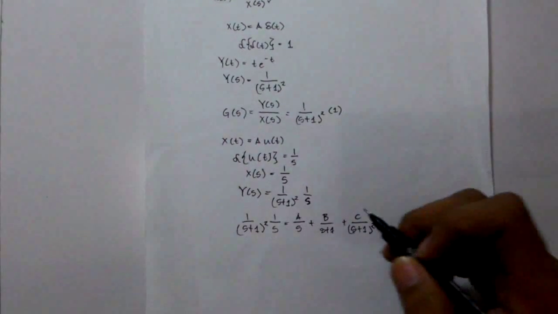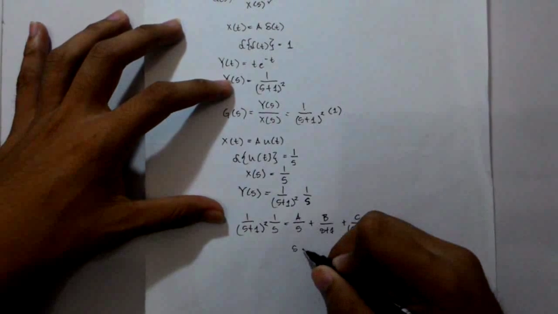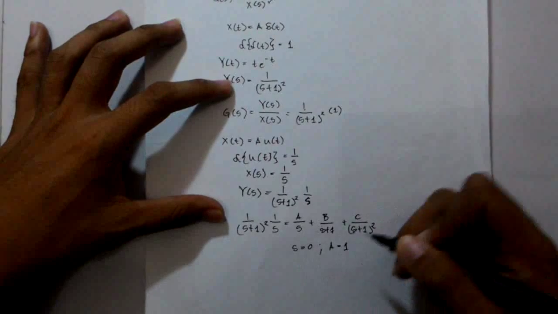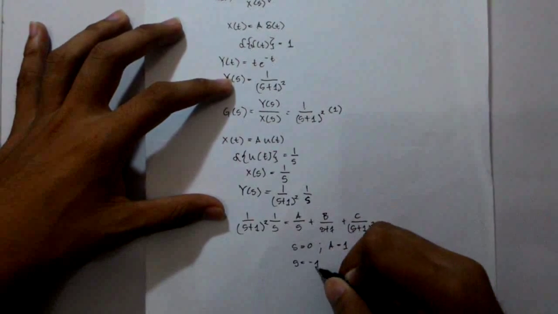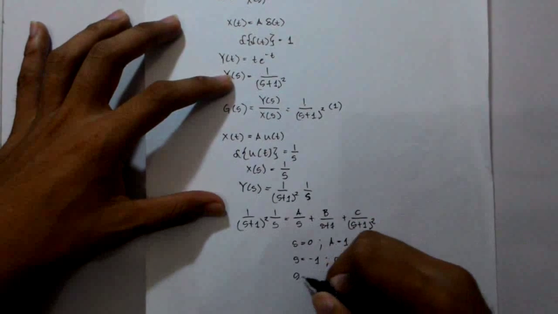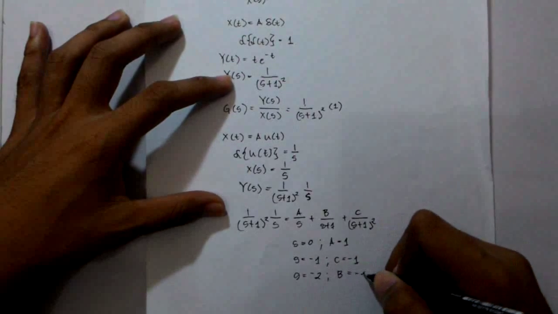Substituting the values of s, when s is equal to 0, then A will become 1. When s is equal to negative 1, C is equal to negative 1, and when s is equal to negative 2, then B is also equal to negative 1.